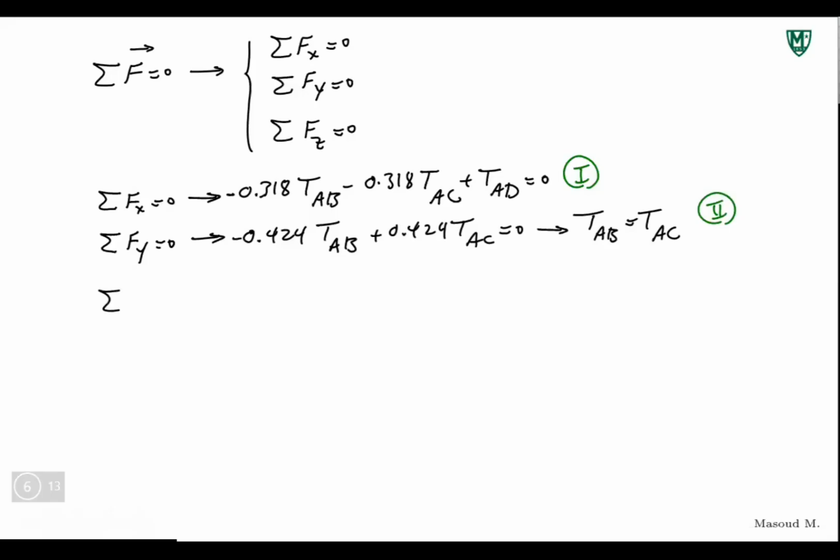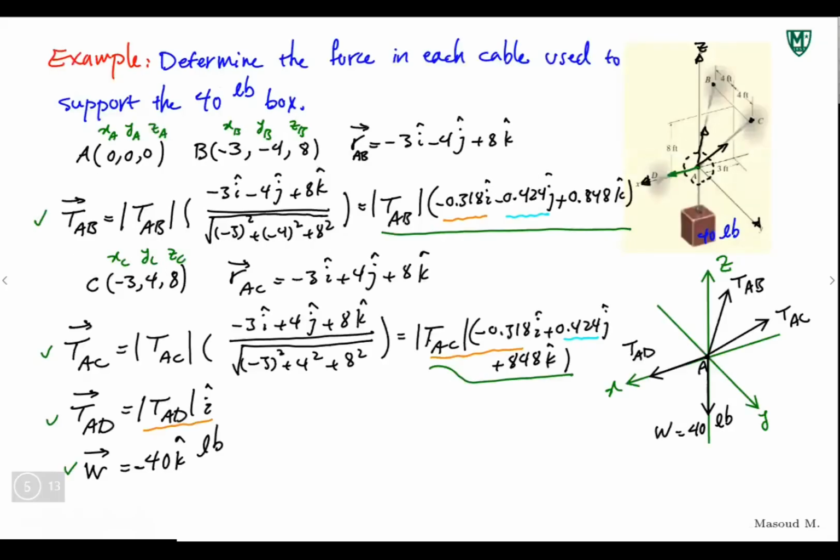Last, not the least, in Z direction. Just put them all together. Go back, same process. Looking at this, this is the Z direction component from vector AB is going to be 0.848 TAB. Let me be a little more diligent and actually put also 0 there.